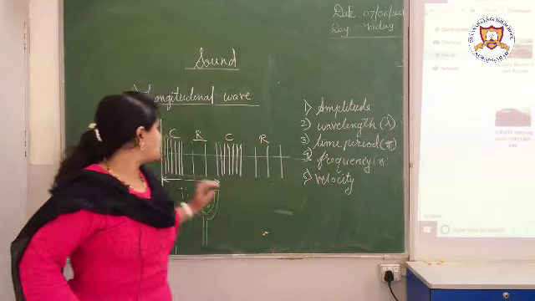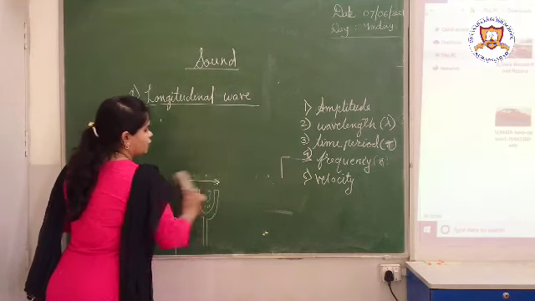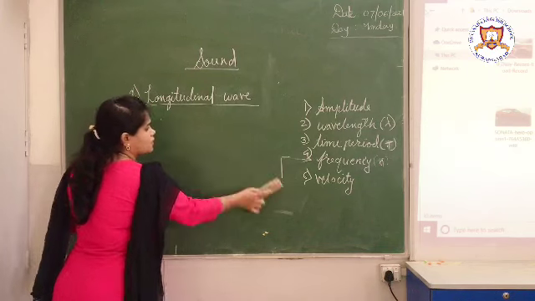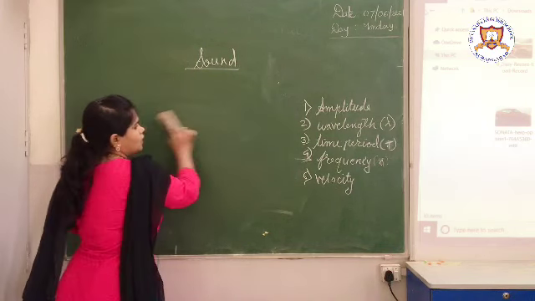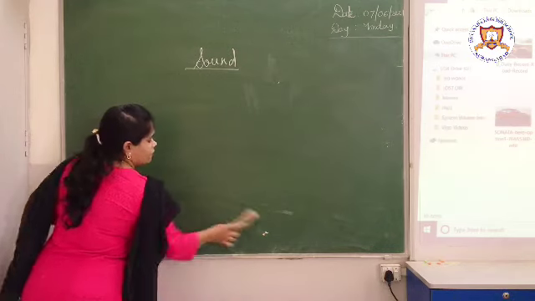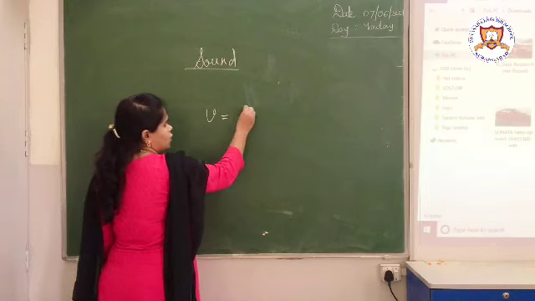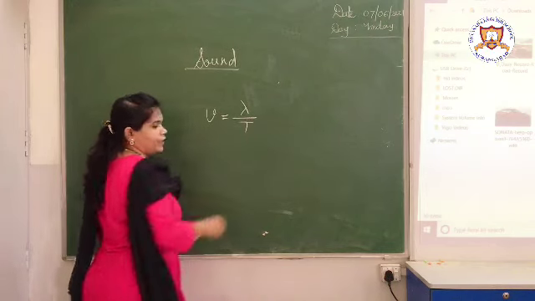Next, in these transverse waves and longitudinal waves, we have seen the parameters as well. Next we are going to look at velocity. I already explained velocity is equal to distance traveled upon time period.